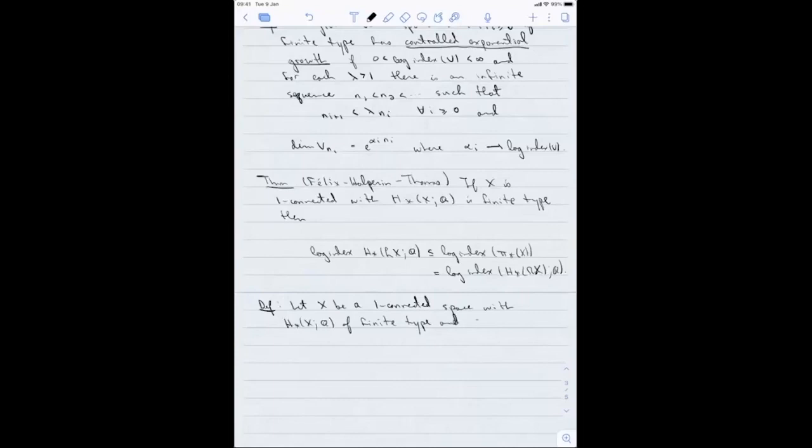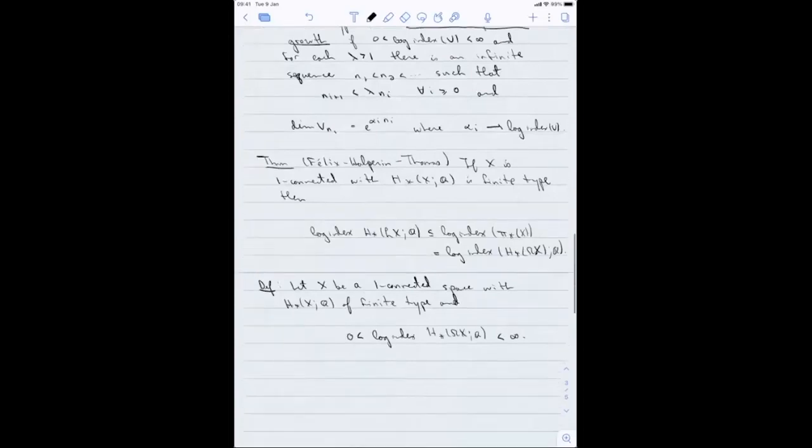And suppose that the log index of the homology of the base loop space, rational coefficients, is bigger than 0 and less than infinity.